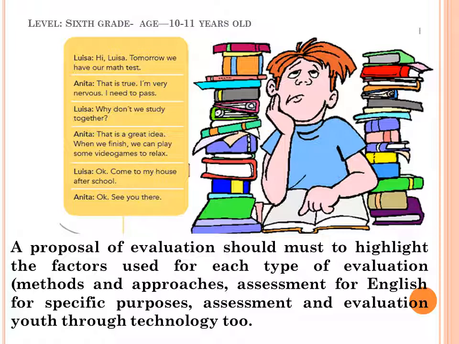To ask a small question, for example, why don't we study together? Or I need to pass. Why don't we study together? That is a great idea. These are contextual phrases from the daily life of children.